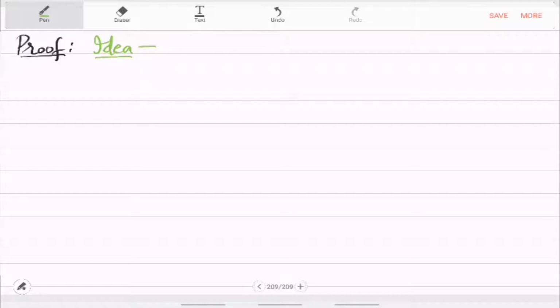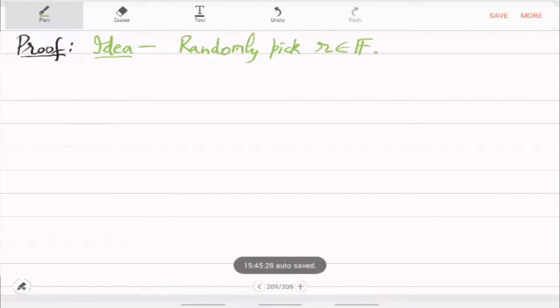So the idea is to randomly pick a point. Remember, in local decoding of Reed-Muller, we drew a line. That was a degree 1 object. Now we will draw a cubic curve.